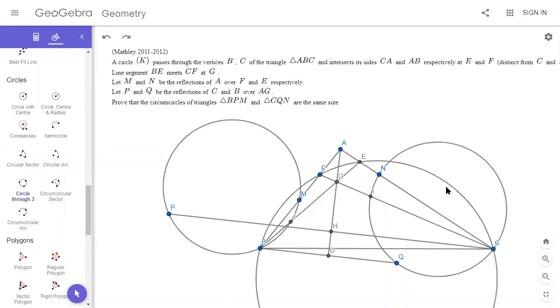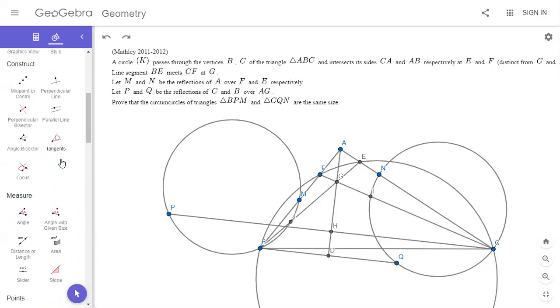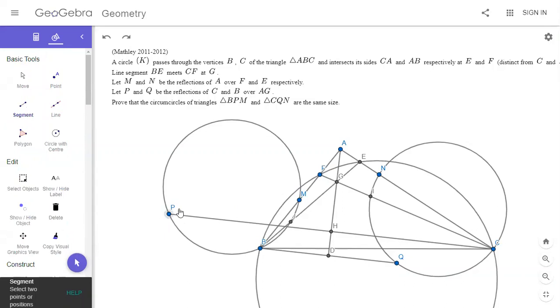So we haven't used that P and Q are the reflections. But basically that means that GP is equal to GC. I mean, we know that GP is equal to GC, so there's a bunch of equivalent ways to think about this.